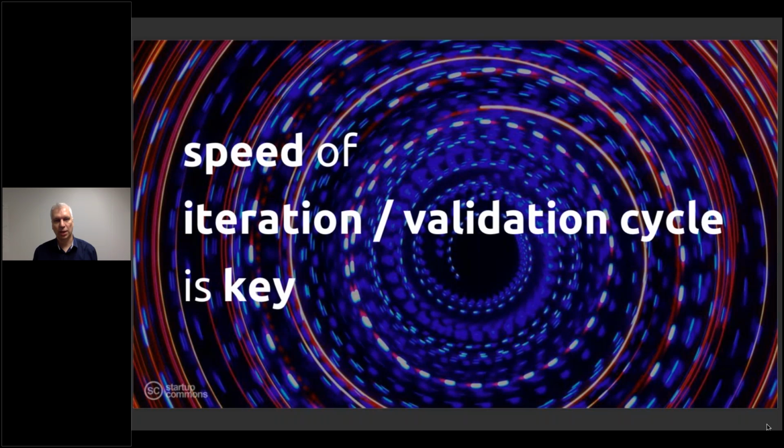And even now, when we are coming out of the validation phase, where we were focused specifically on creating the product and doing the validation, validation is still a very relevant concept, and the speed of iteration and validation cycle is key also at the growth phase, but it doesn't apply to everything all the time.